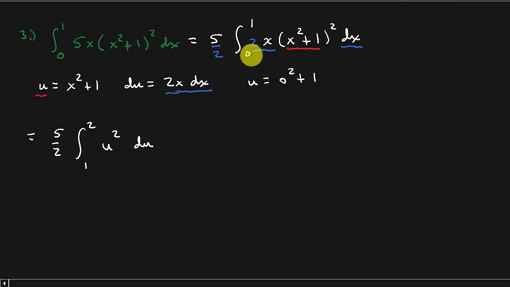So I took the 0, you see that, and I plugged it in here to get what u is, and that's equal to 1. Then I have to take the upper limit, 1 squared plus 1, which is 2. So basically, this is equal to 1 squared plus 1, and this one is 0 squared plus 1. You have to take your limits and plug them in here to get the values of u.